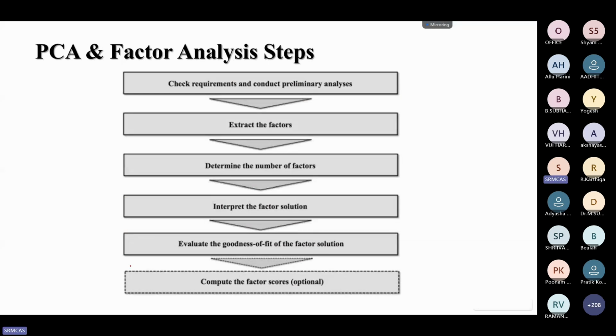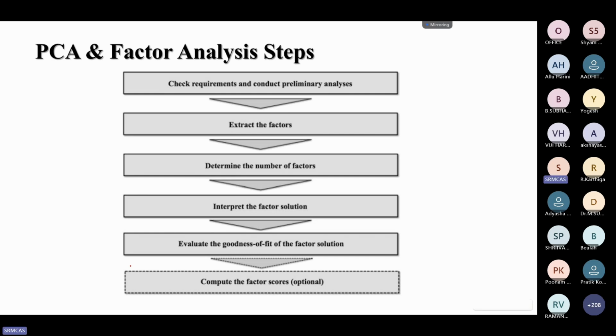So far we have seen what factor analysis and PCA are. So how do we extract these factors? What are the things to be considered? These are all the steps.